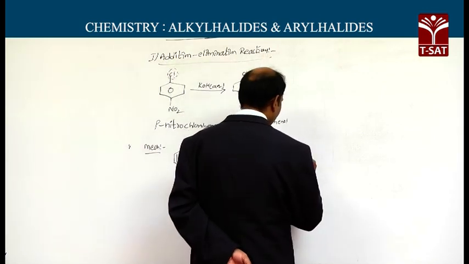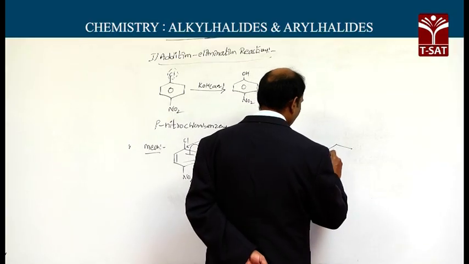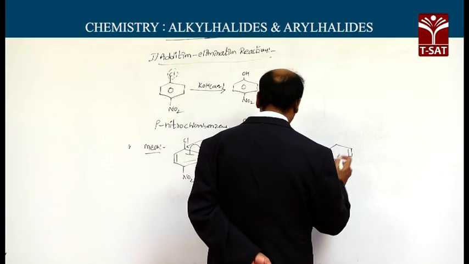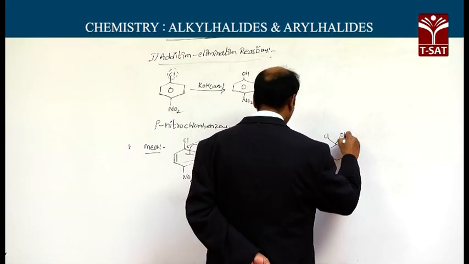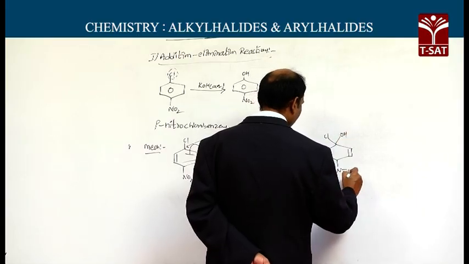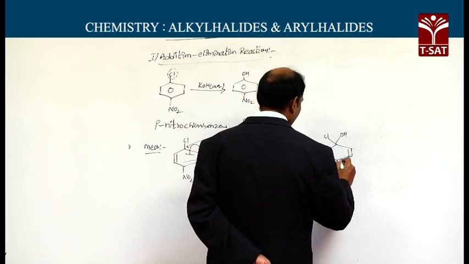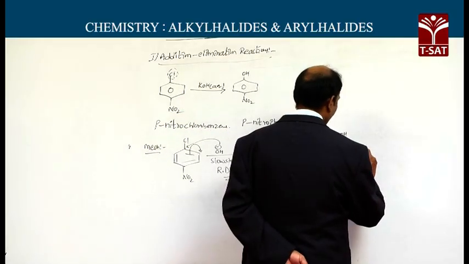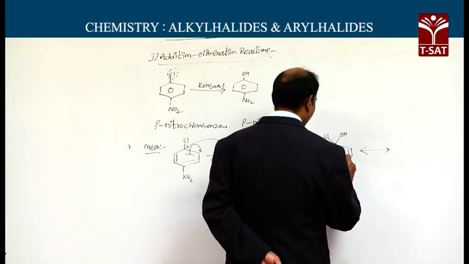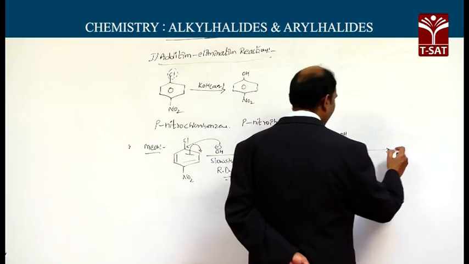So what we get here? In this one, here double bond, here double bond, here it is Cl, here it is OH, this is N double bond O minus, here it is plus, here negative charge. After the formation of this negative charge, again this negative charge is migrated here, the pi electrons are migrated here.